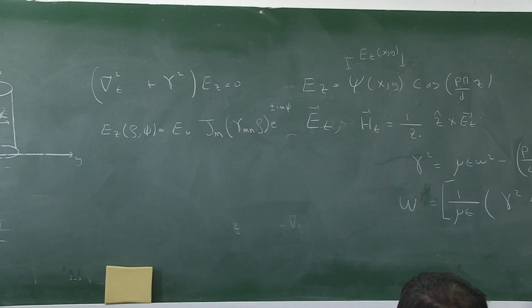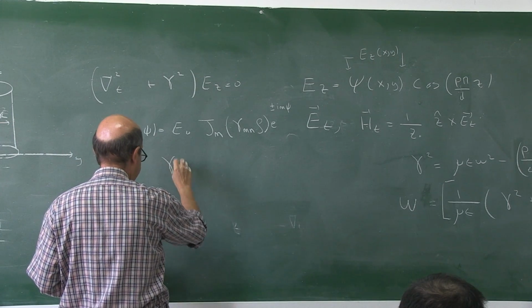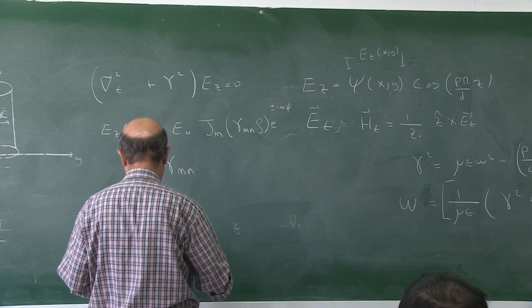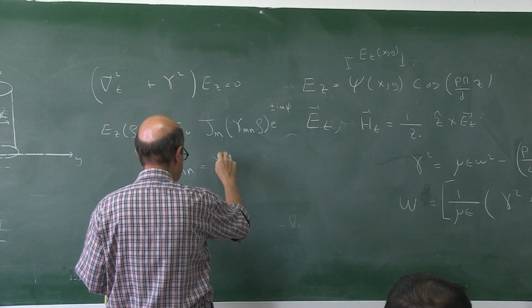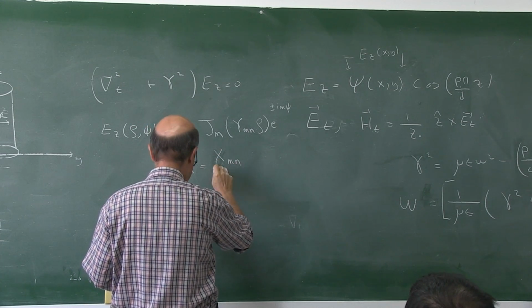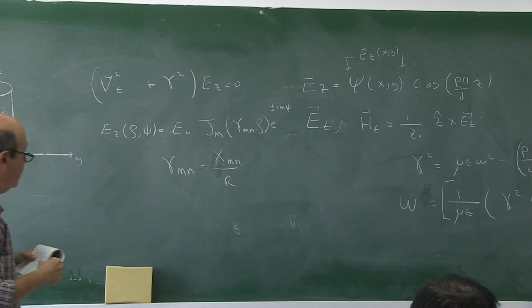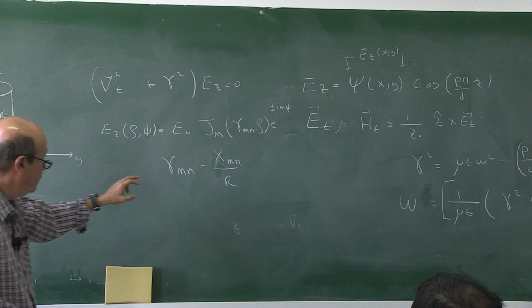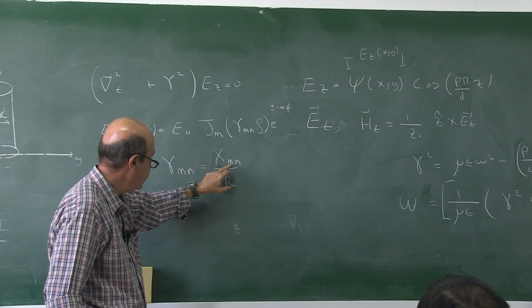So gamma mn could be written as x mn over r, where r is the radius. If you write in that form, gamma mn is equal to x mn over r.